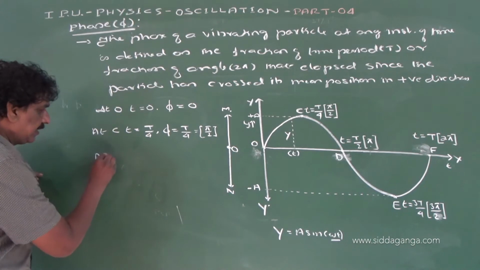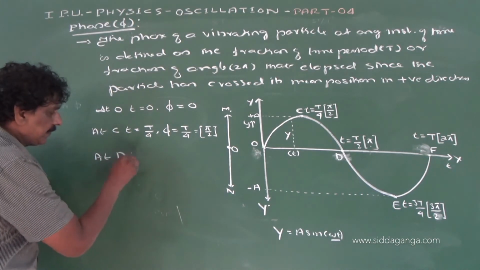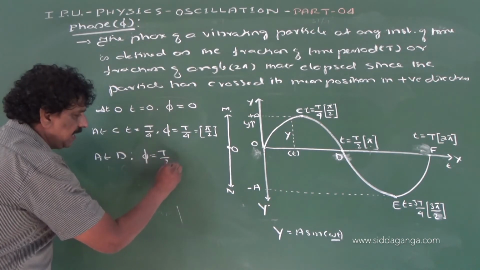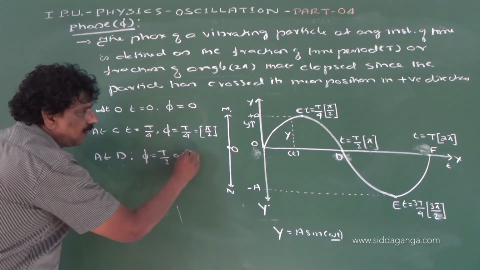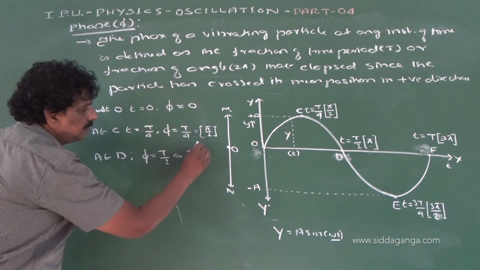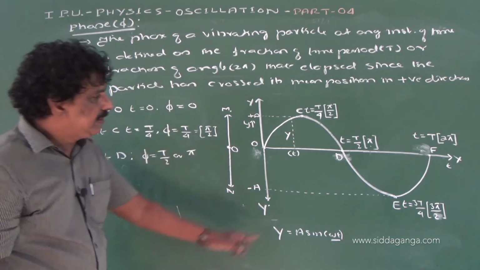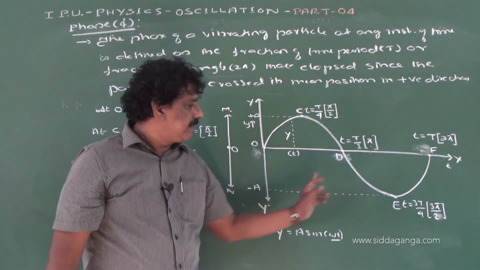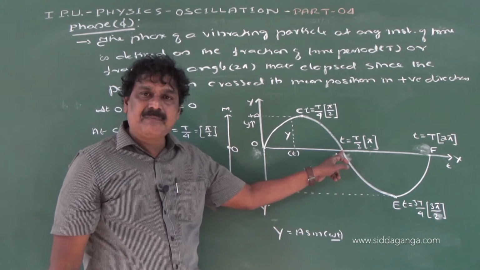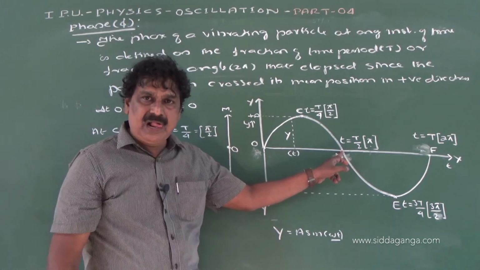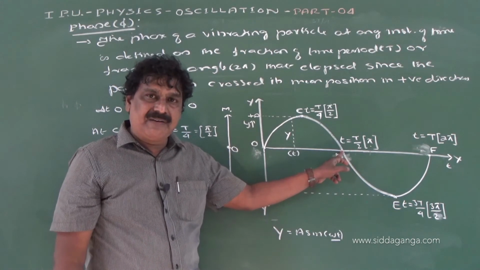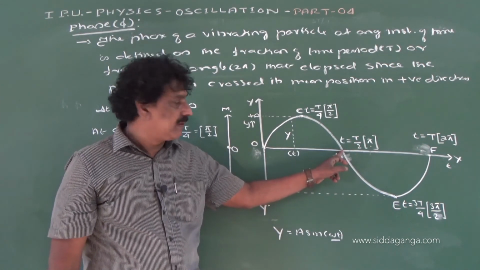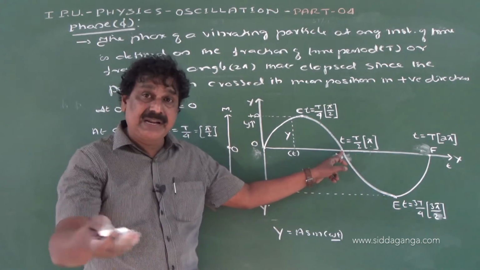At D, the phase phi is equal to T by 2 or pi. The phase at this point D is T by 2 or pi because when the particle is at position D after completing one half oscillation, its displacement is again 0, but it has completed one half vibration.